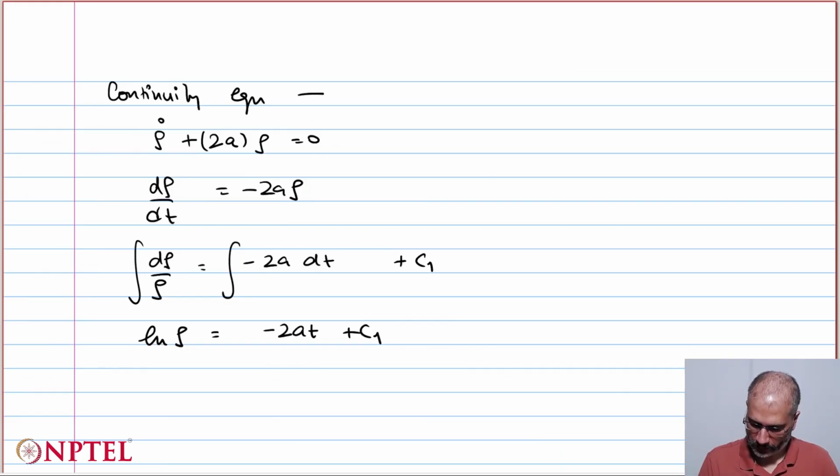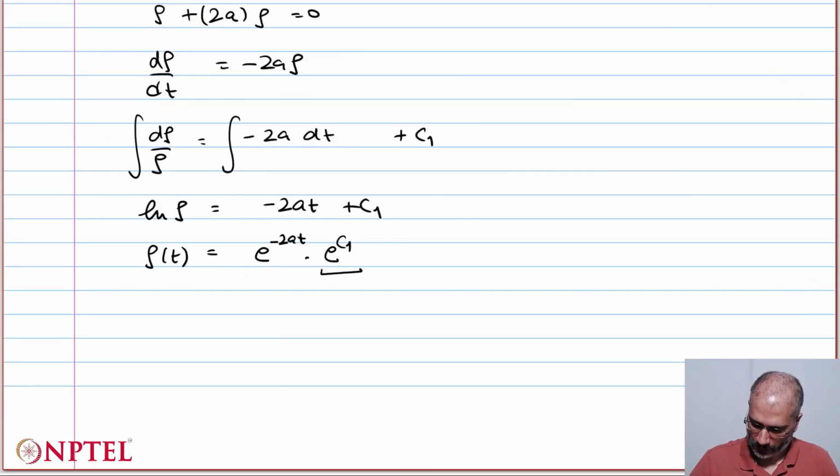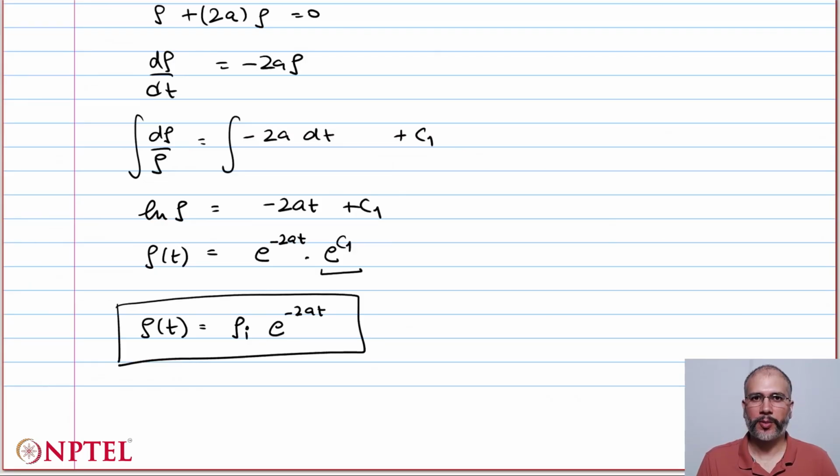Now if I take the exponent on both sides, this becomes rho as a function of time is e to the power of minus 2at times e to the power of c1. Now since e to the power of c1 is another constant, we write rho as a function of time as some rho initial, which is a constant, times e to the power of minus 2at. So this completes part A, where we had to find the density expression as a function of time.